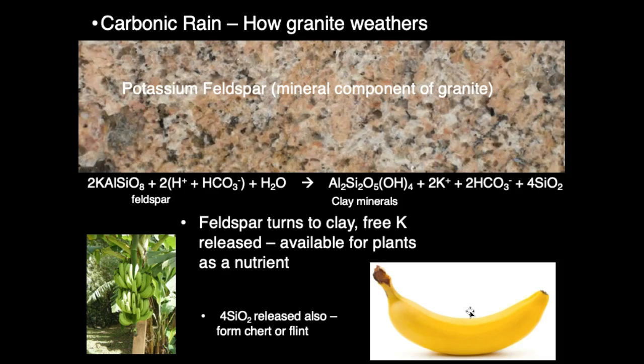And then we get some potassium that will be released and available in the soils as a nutrient for plants, for example. As some of you may know, bananas have tons of potassium, which the plants originally get from that soil, and that soil gets it from the dissolution of the ions from potassium feldspar, for example.